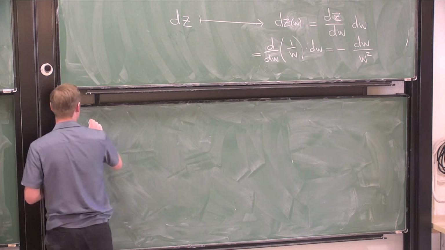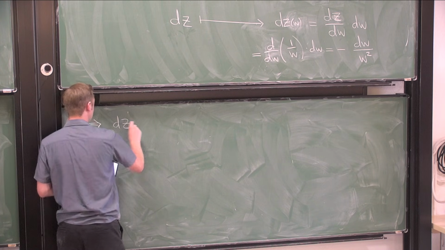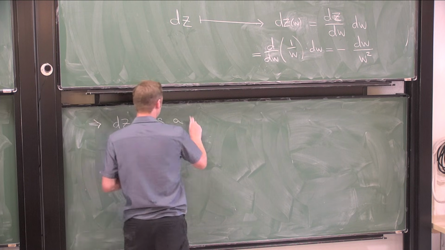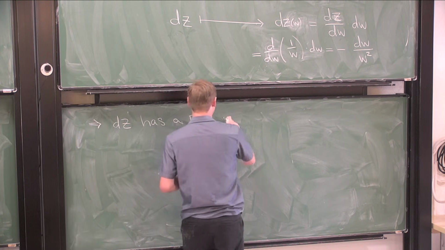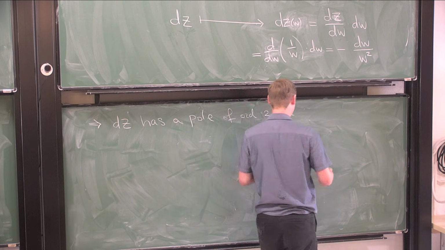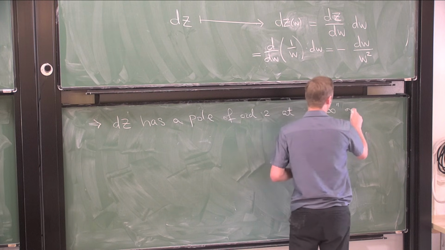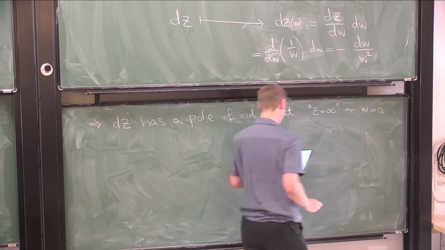So what we observe from this simple calculation is that dz has a pole of order 2 at the point z equals infinity, or w equals 0.